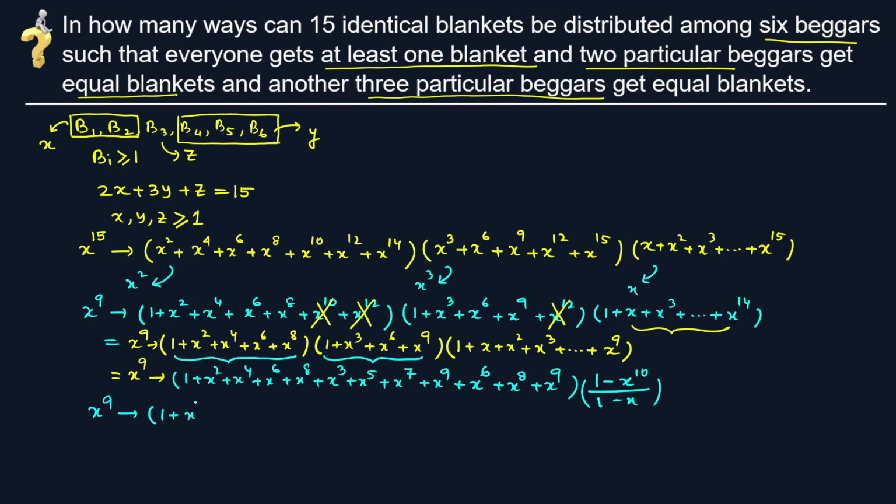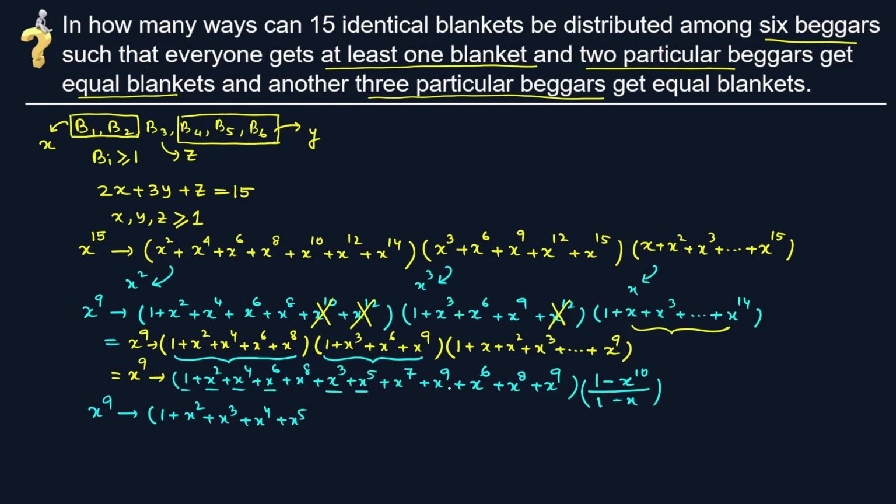1 plus x square. X cube we are having only 1, okay. So 1 gone, x square gone, x cube gone. X to the power 4 we are having only one term. X to the power 5 only one term.